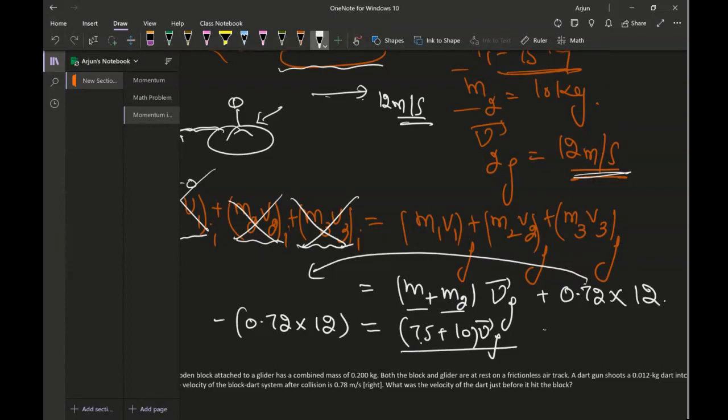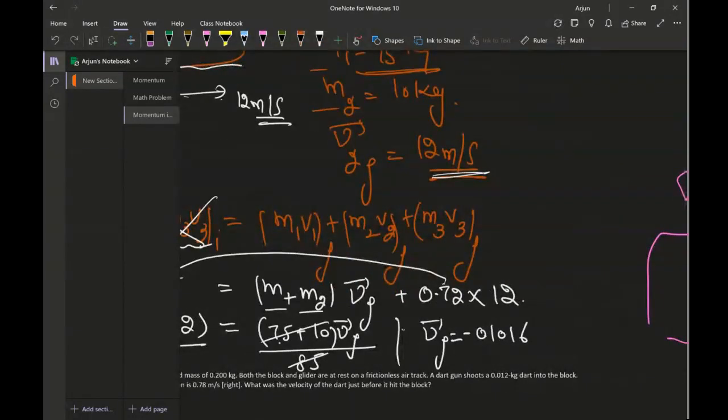And then this becomes 85, dividing both sides by 85, that's going to give me the V final. V final will come out to be 0.1016. This is negative, so towards the left hand side.